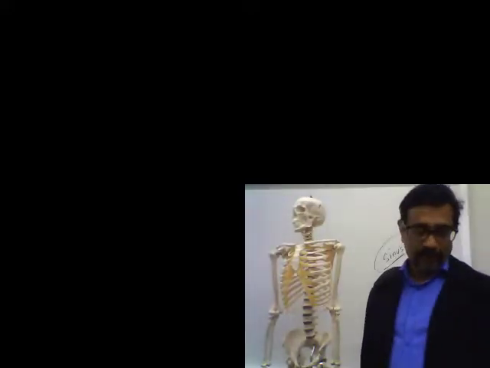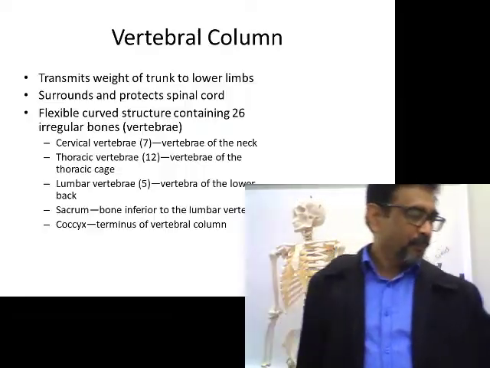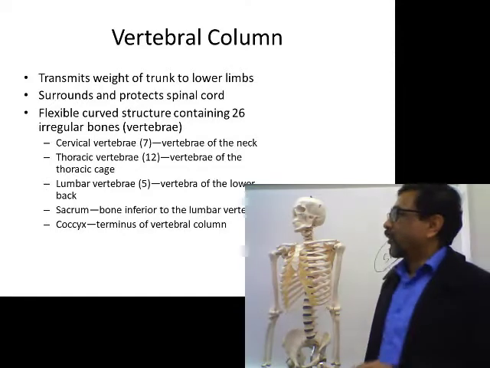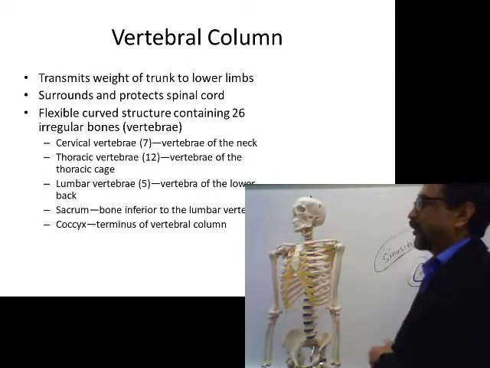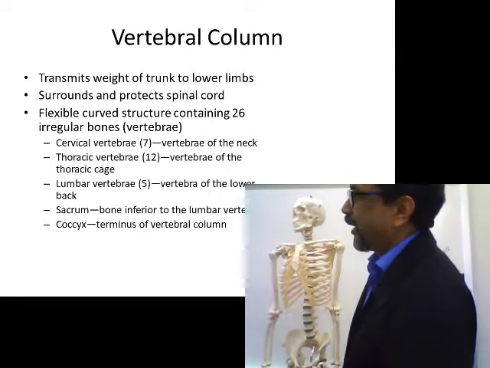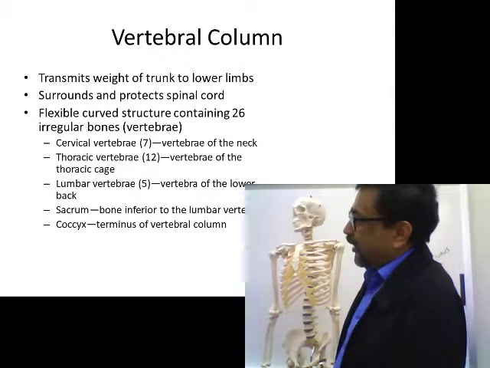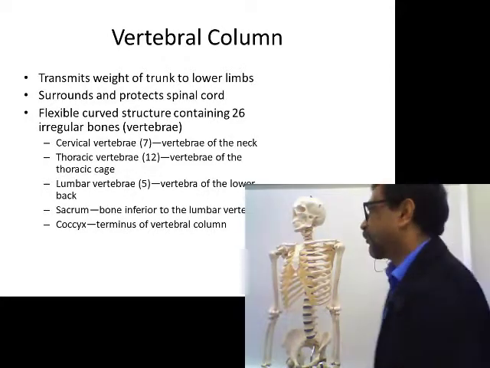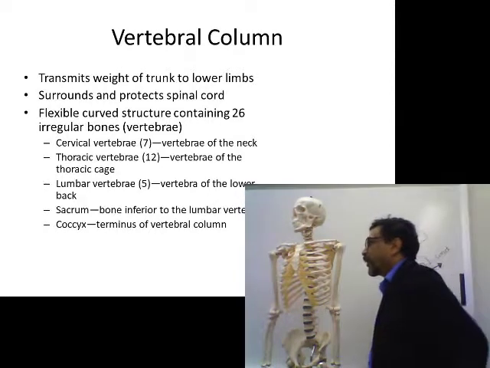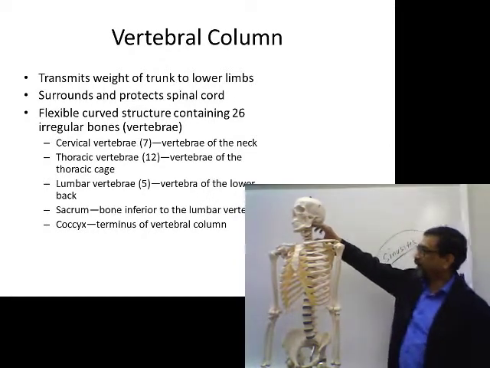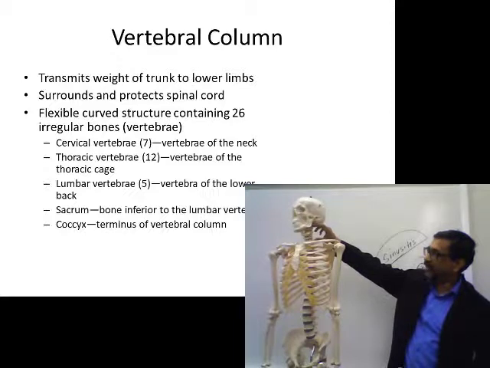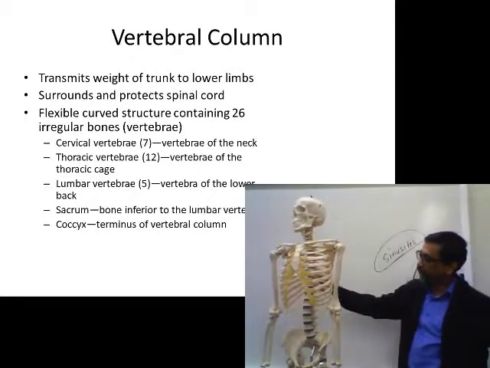Vertebral column. Vertebral column consists of vertebrae and sacrum. There are three groups of vertebrae. Cervical vertebrae. In the neck part, how many? 7. So there are 7 cervical here. Then 12 thoracic.